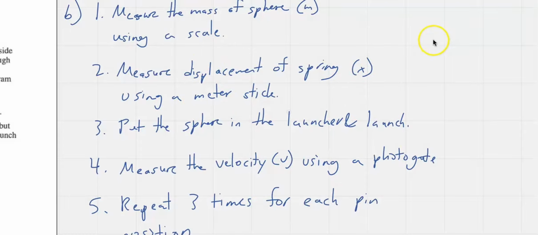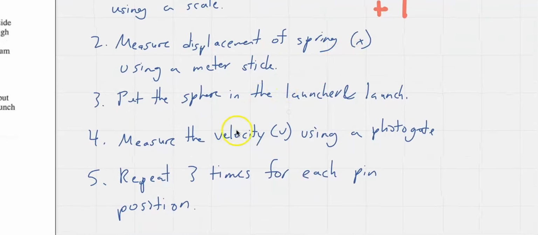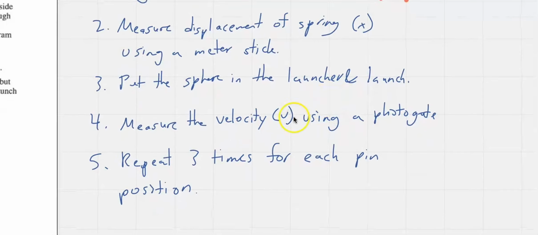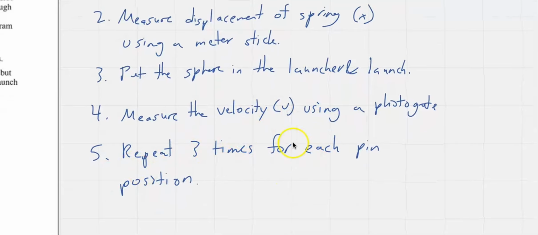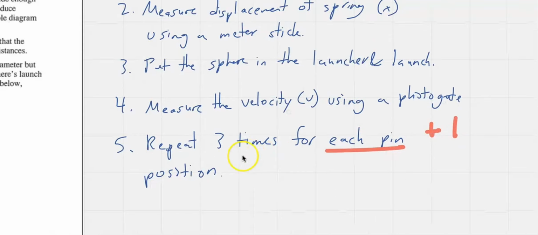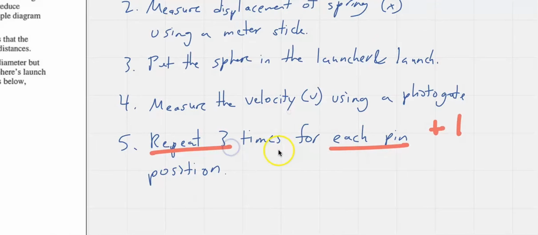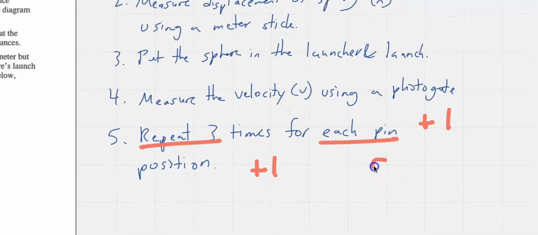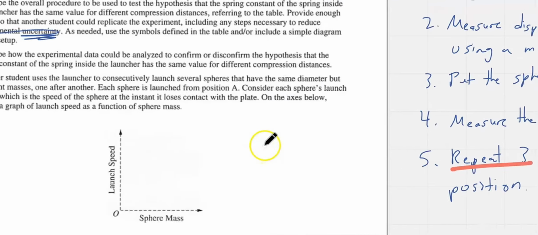So this can definitely be done in a physics classroom, so you get another point for that. And then you get another point for repeating the experiment with at least 2 different pin positions. So we said each pin position, which is A, B, and C, so that would be another point. And then repeat 3 times for each pin position, then that's another point. So in total, you get 5 points for part B.